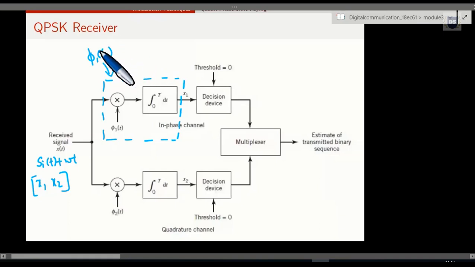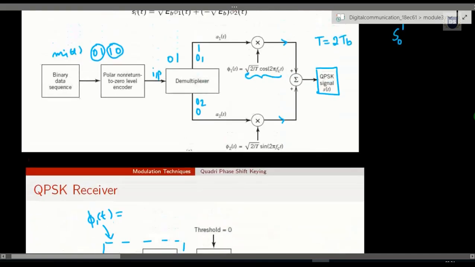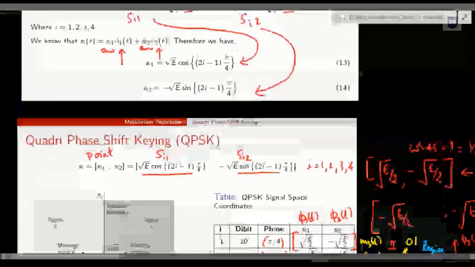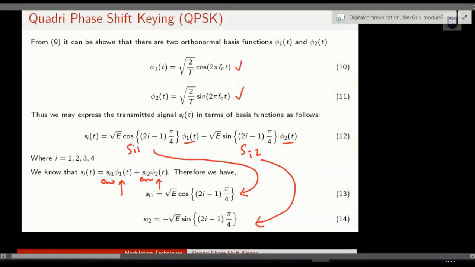And we know that our first basis function phi1(t) is equal to square root of 2 by T into cos 2 pi fct, and phi2(t), the other basis function, is equal to square root of 2 by T sin 2 pi fct.